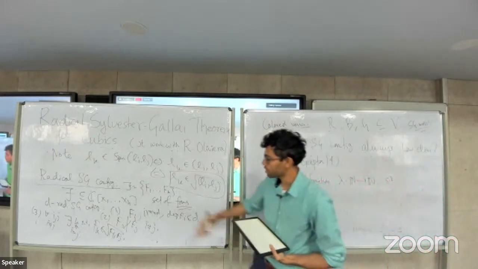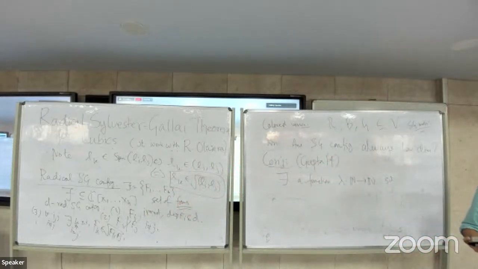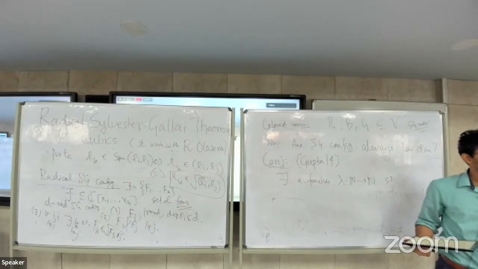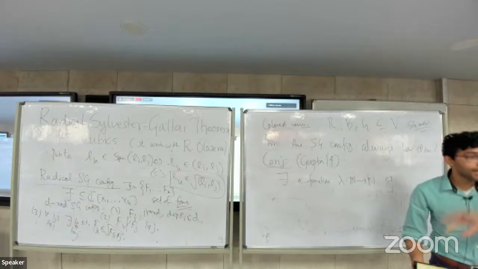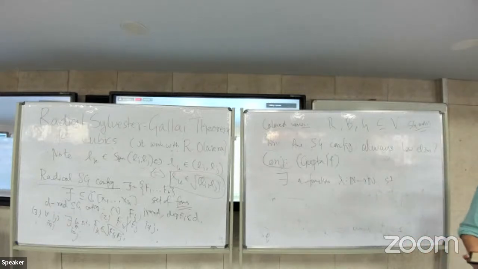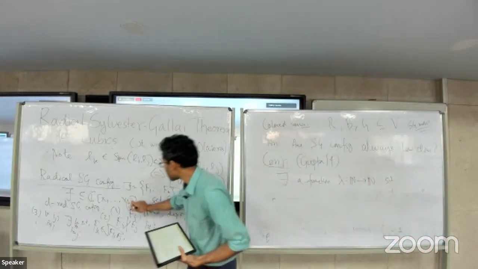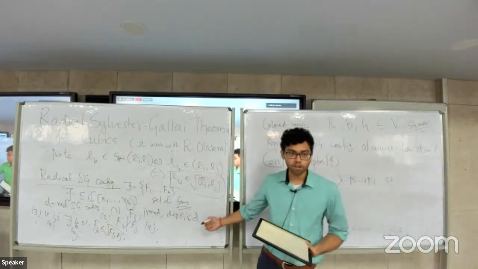We want to bound the dimension of this, but the bound should only depend on the degree of the polynomials, not on the number of variables. That is what happened for vectors in a vector space. It does not matter how big the ambient vector space you start with, you always get small dimension. Okay? So here also, it should not matter how large the number of variables is. The only thing that should matter is the degree of the polynomials.